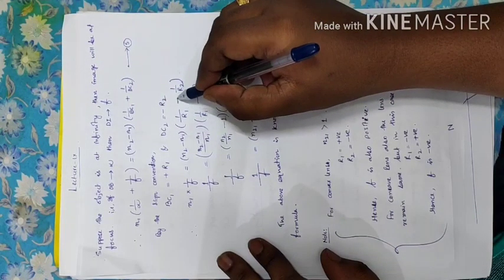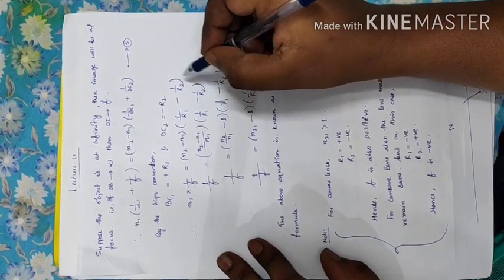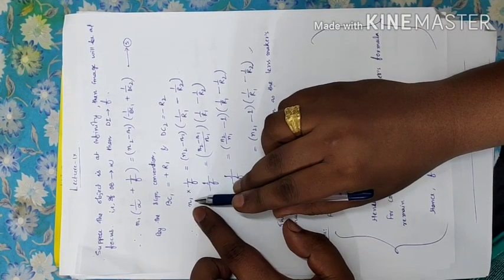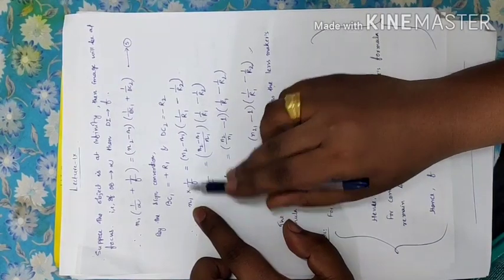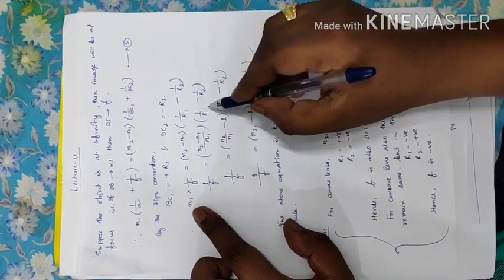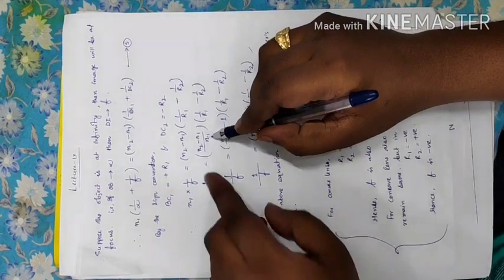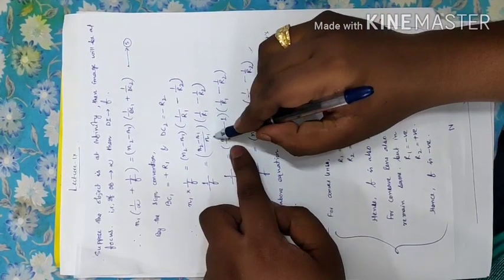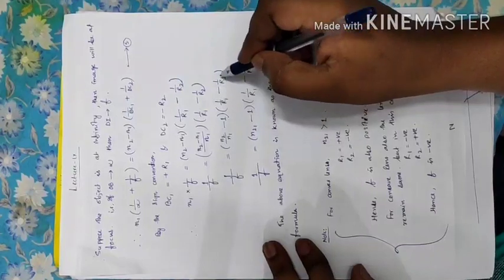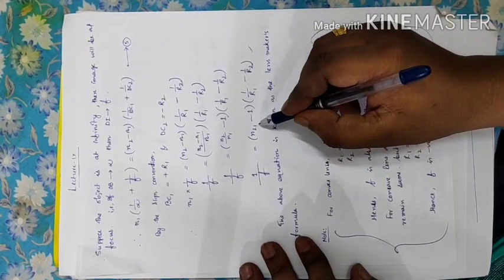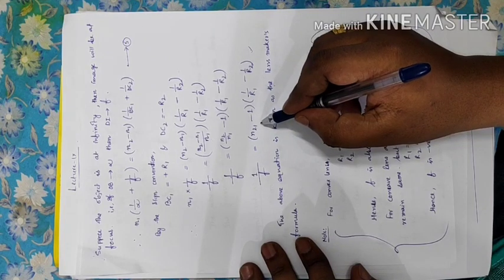So it will become negative, 1 by R2. Bring this n1 to the right side: 1 by f is equal to n2 by n1 minus n1 by n1, which is 1, times 1 by R1 minus 1 by R2. Here n2 by n1 is the refractive index of medium 2 with respect to medium 1.